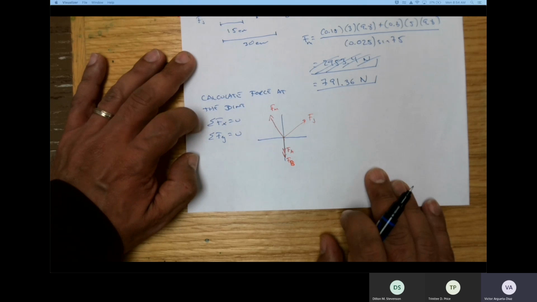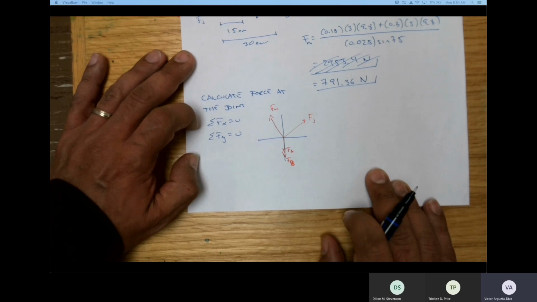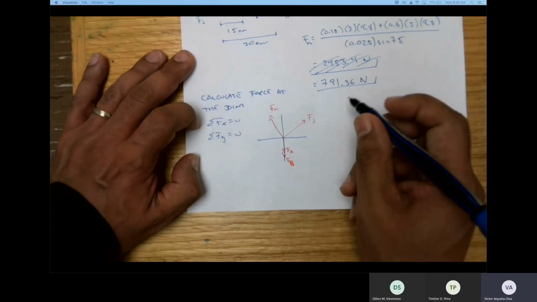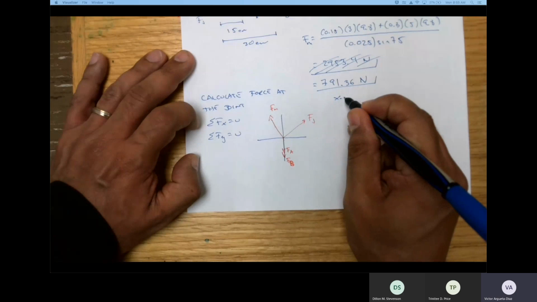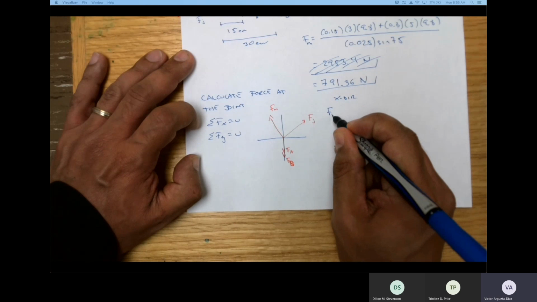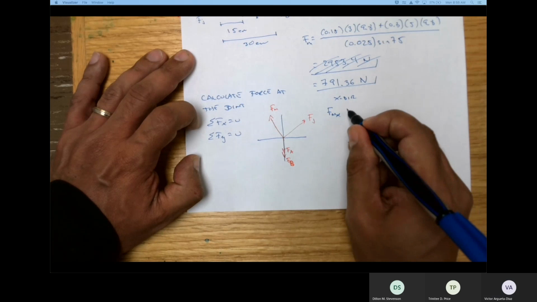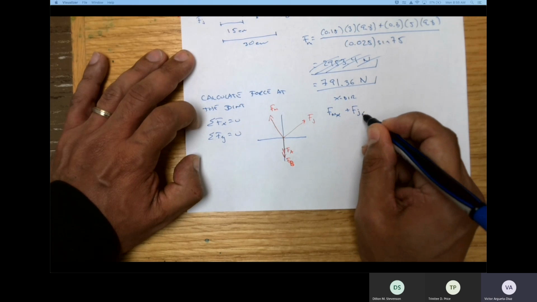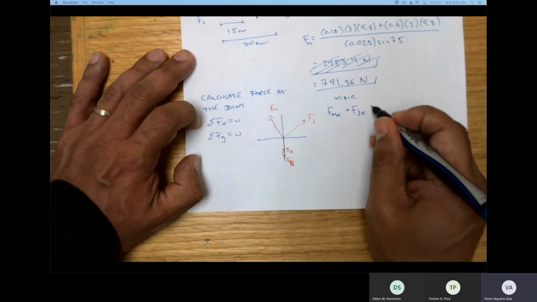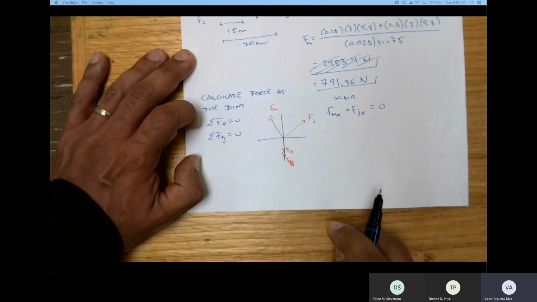So the sum of forces in X. In X, I'm only going to have two components: the X component of the muscle plus the X component of the joint, and that has to be equal to 0.